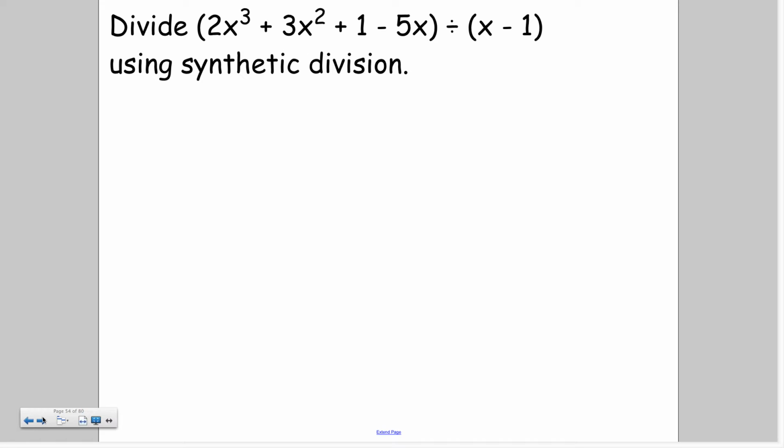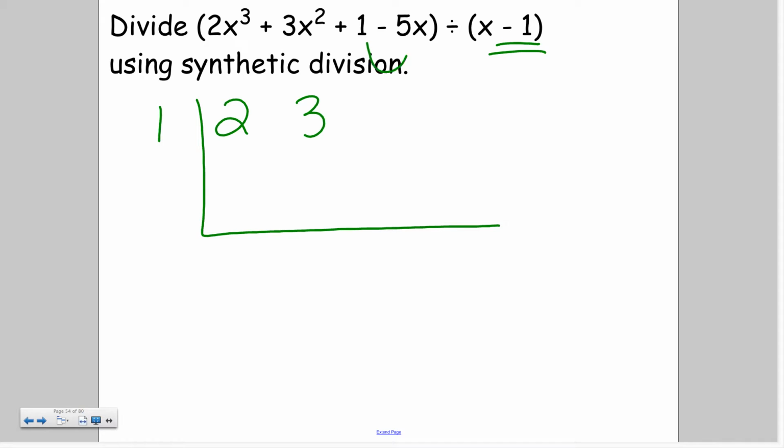Divide that polynomial by x minus 1 using synthetic division. So remember, I'm going to take the opposite of this, so 1, box. Then now if you look up there at what you're dividing into, 2, 3, flip those around because it should still be in order, negative 5, and 1.